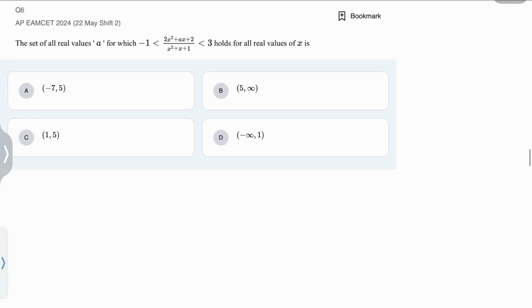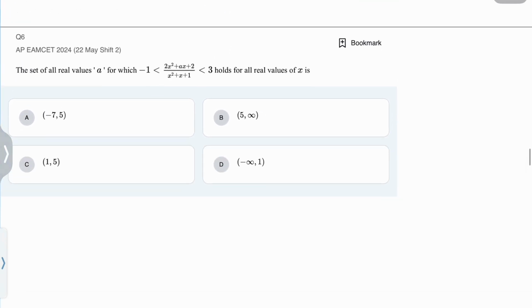Okay, let's go to the next question. Given that the set of all the real values of a, then the condition is minus 1 to 3, and the quadratic given holds for the real values of x. Okay, so let's start. You can convert it to two parts.